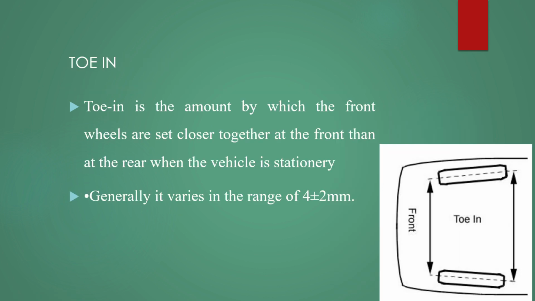Next is toe-in and toe-out. It is the amount by which the front wheels are closer together at the front than at the rear. In toe-in, when we see from the top of the tractor, the front sides of the front wheels are converged together more than the back sides.